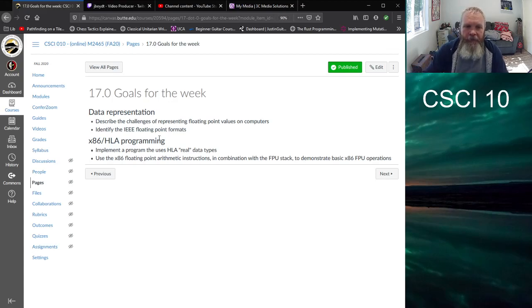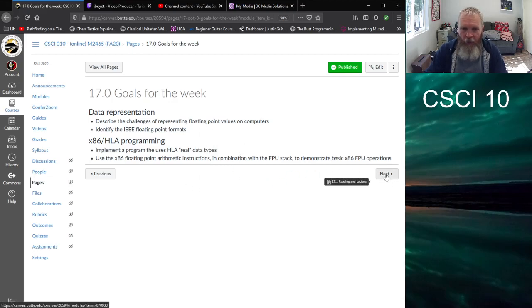Okay, so we'll start with talking about what the standards are. How have engineers figured out how to represent floating point numbers on computers? And I'll give you some examples on pencil and paper as to how those work. Then we'll do a little bit of programming to see how the x86 processor actually allows for floating point arithmetic.